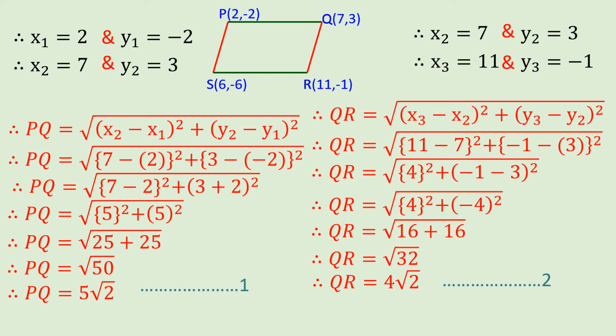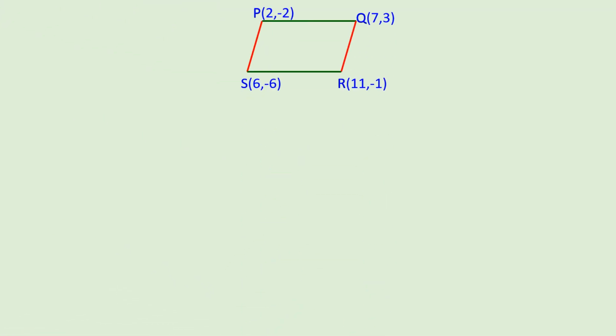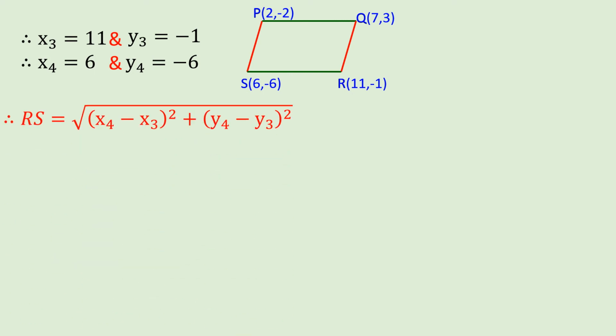Let's move further. We have got PQ and QR. We have to find out RS and PS. Now for RS, the same method: RS equals root of x4 minus x3 whole square plus y4 minus y3 whole square.